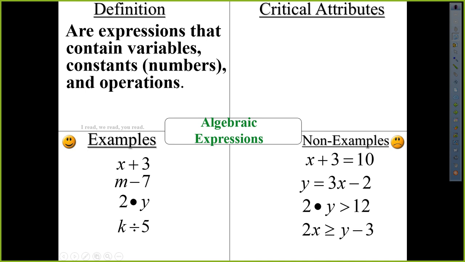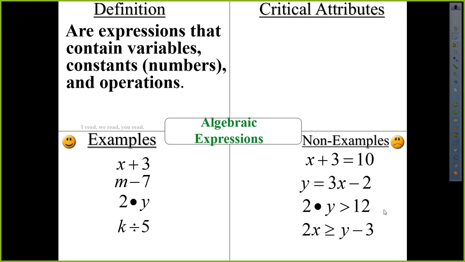As you're copying them, start thinking, oh, I get it. These are not algebraic expressions because, let me pick someone. Dominique, why are those not algebraic expressions? Because they're not simplified, okay.